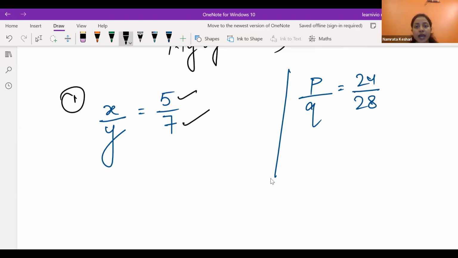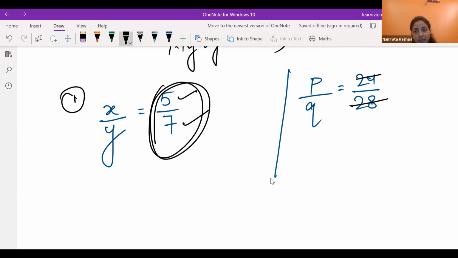Maybe originally it was something else and it was reduced. Let me reduce the second one first: 24/28 is 6 times 4 over 7 times 4, and here you can clearly see after the reduction p by q became 6/7.